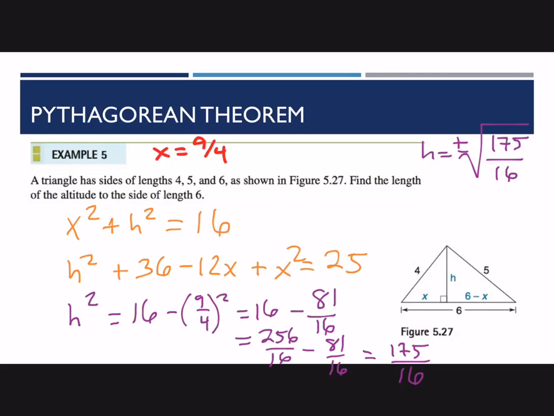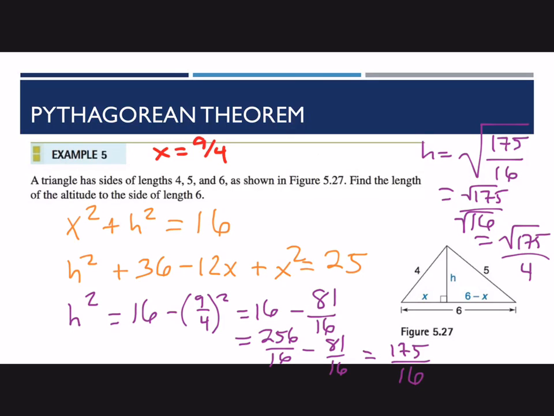And technically it should be plus or minus, especially in an algebra problem, but I know that h represents a height, so that's going to be just the positive answer. Okay, so I'm going to go with the positive square root. Okay, this becomes square root 175 over square root 16, and then I can square root the 16 to get 4.